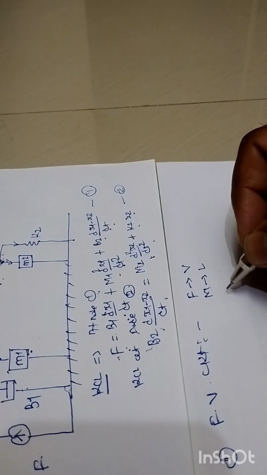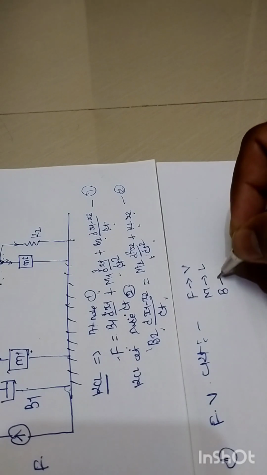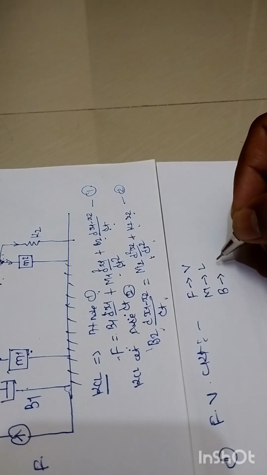Damper, as I told you earlier, what is its functionality? It has a tendency to oppose the flow of motion, denoted by B. In electrical engineering, which element is responsible for opposing the flow of current?